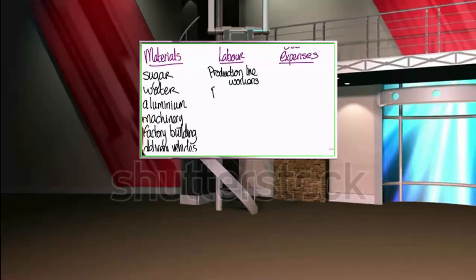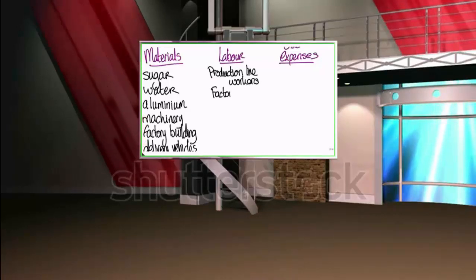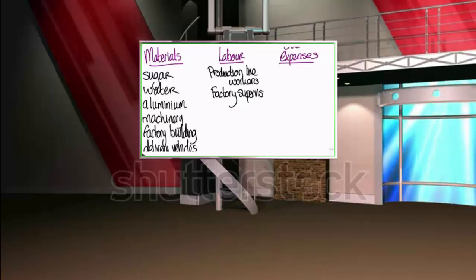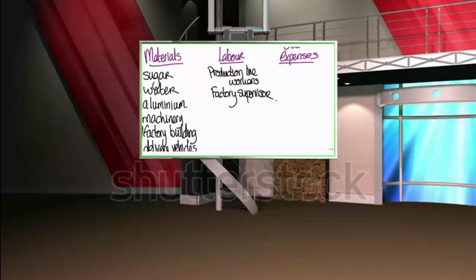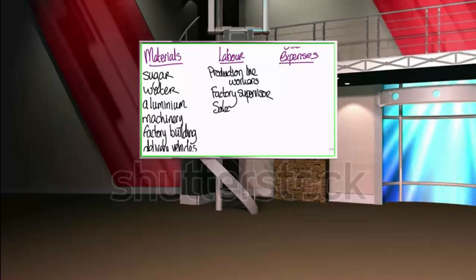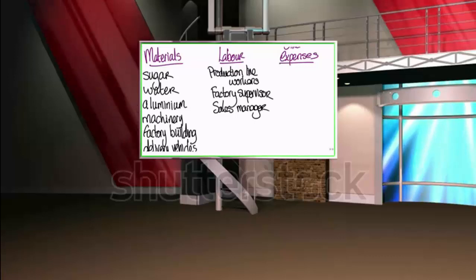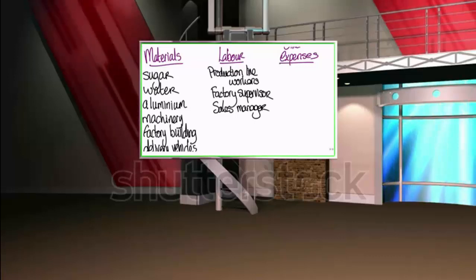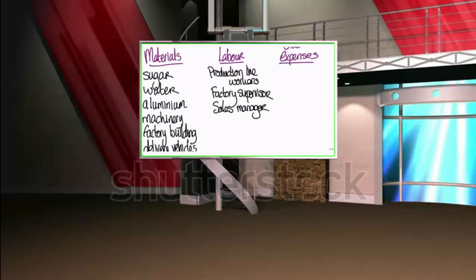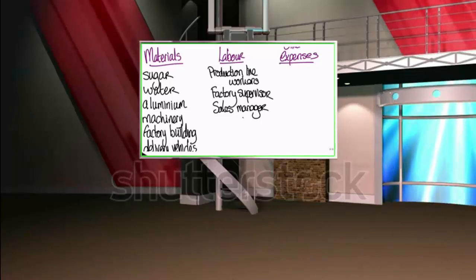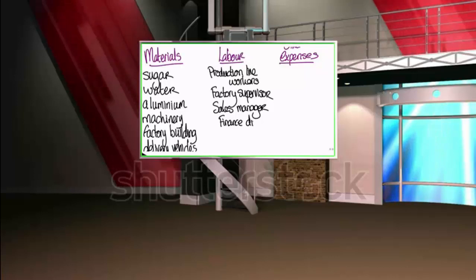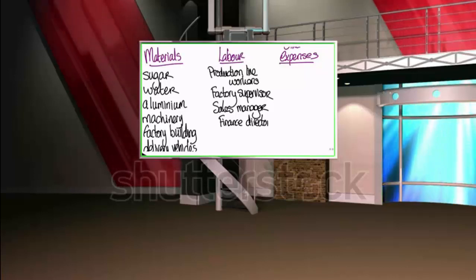We're probably going to have some kind of a factory supervisor overseeing the activities within the factory, maybe a sales manager who goes out to try and get more business for the company, and then other staff like perhaps a finance director, and so on.